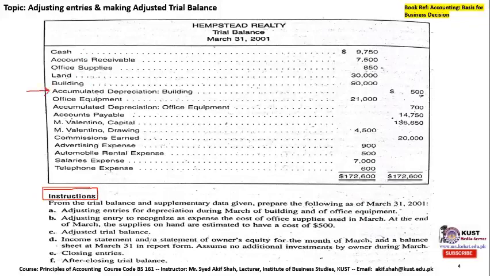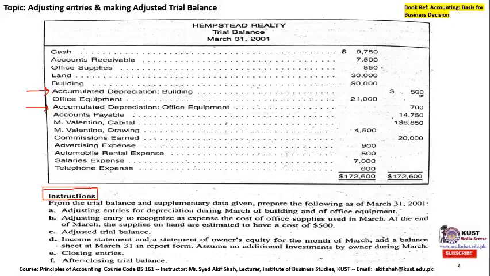Office equipment, another asset, accumulated depreciation. Accumulated means that we have summed up the depreciation so far charged against the office equipment. Accounts payable, liability, M. Valentino capital, M. Valentino drawings, commission earned, which is the revenue, and so on and so forth for the expenses.